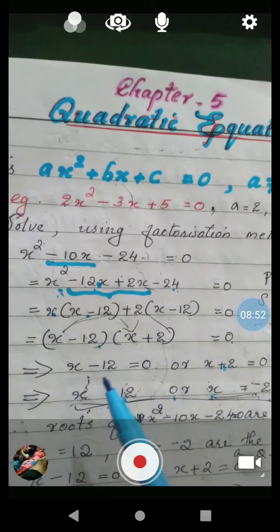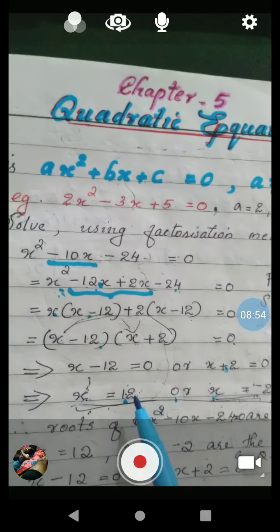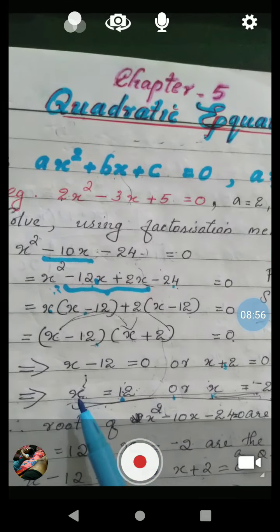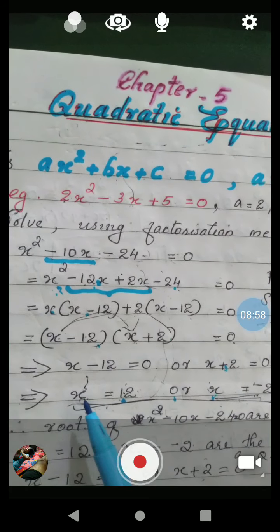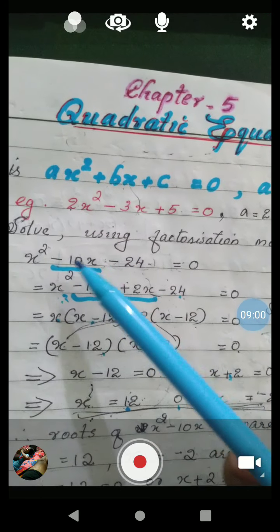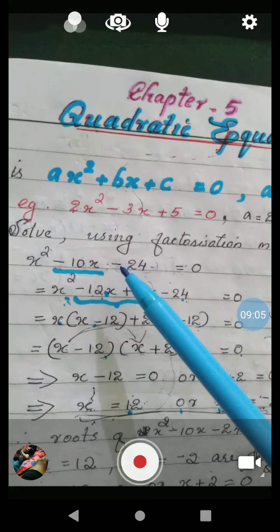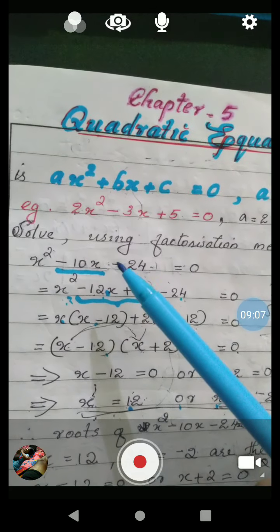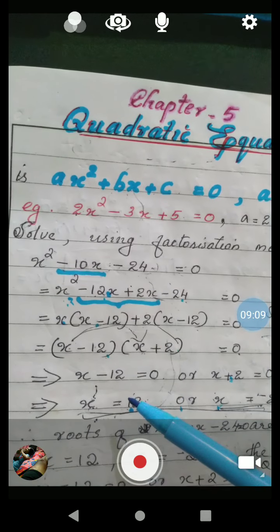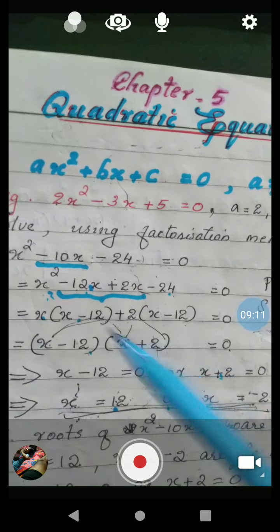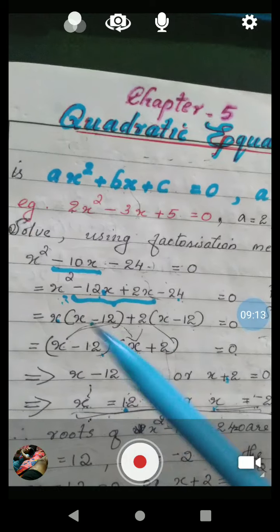Look here. x is equal to 12, that is one value. If we substitute the value of x in this equation and we get 0, we can say that it is the correct answer. And if you substitute minus 2 here, we can just substitute, look here.